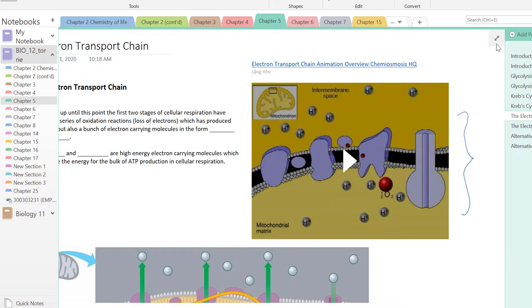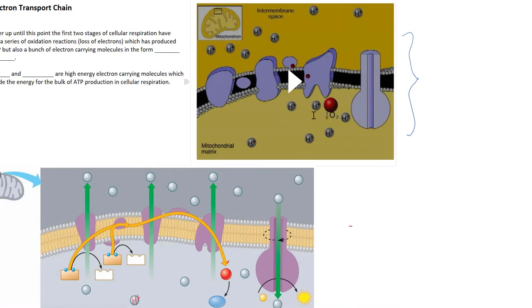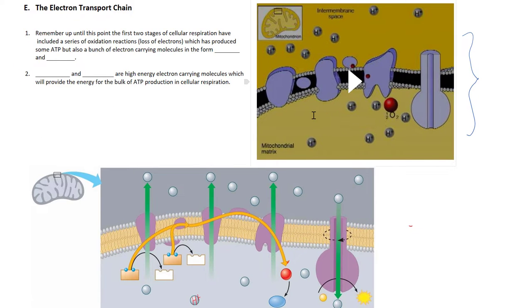So just to recap some of the things that we've talked about in the first two stages, if you recall, the primary purpose of the first two stages was a series of oxidation reactions in which there was a loss of electrons.